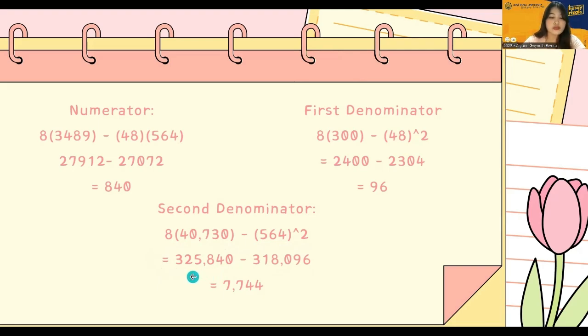So 325,840 minus 318,096 is equal to 7,744.